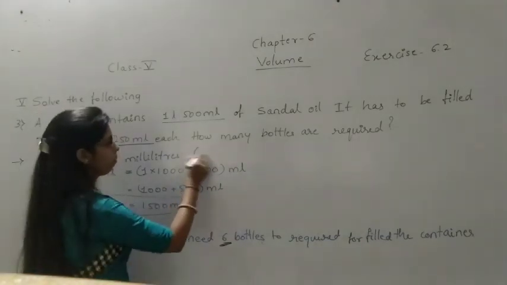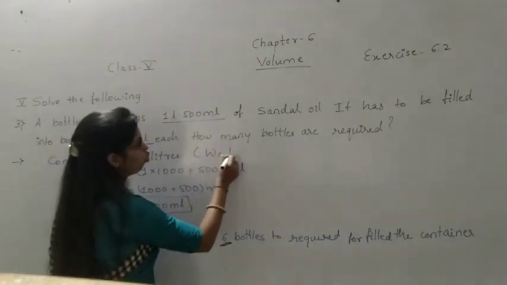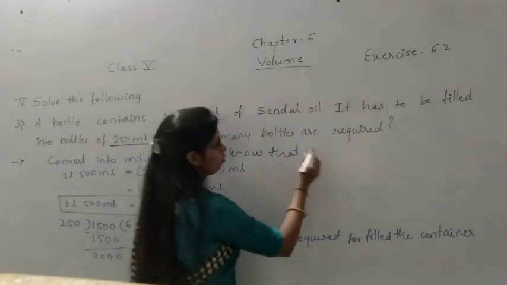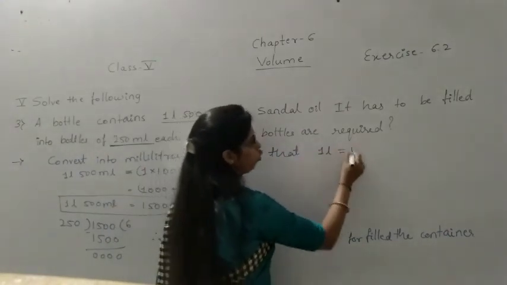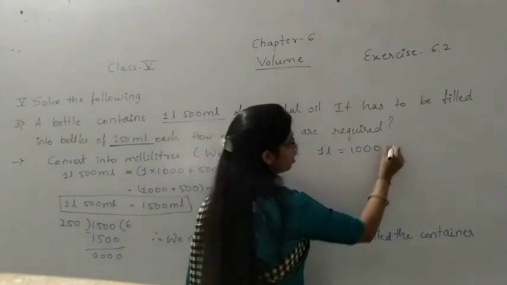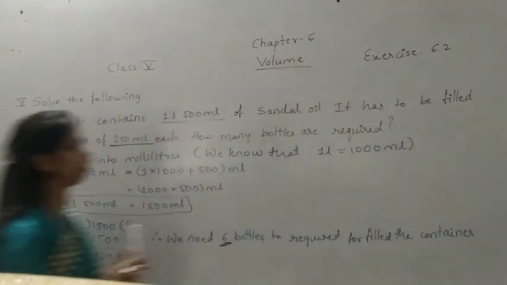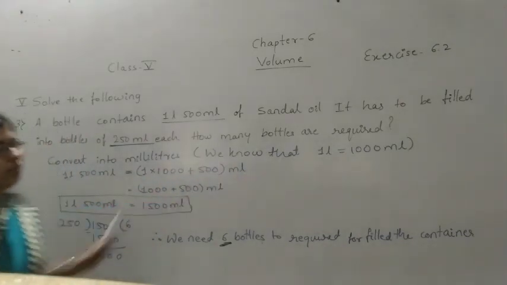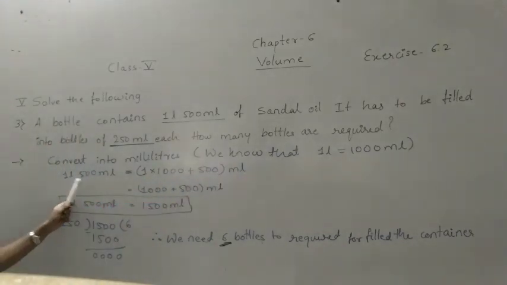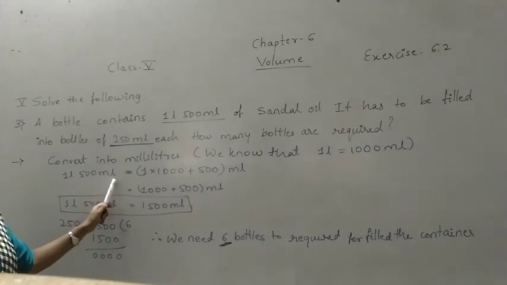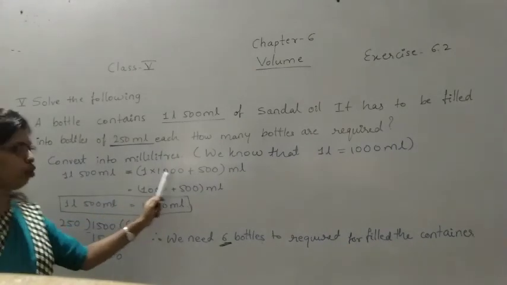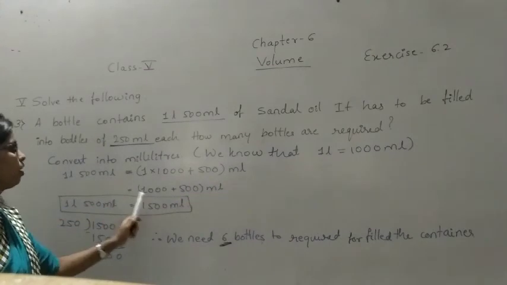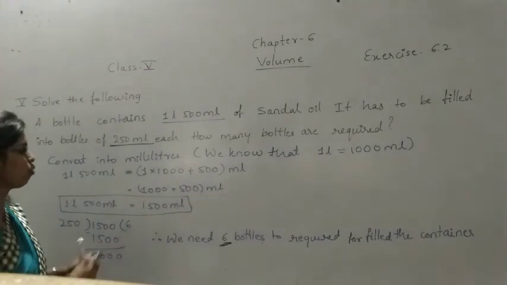We know that 1 liter is equal to 1000 milliliter. 1 liter 500 milliliter, 1 into 1000 plus 500 milliliter. 1 into 1000 means 1000.